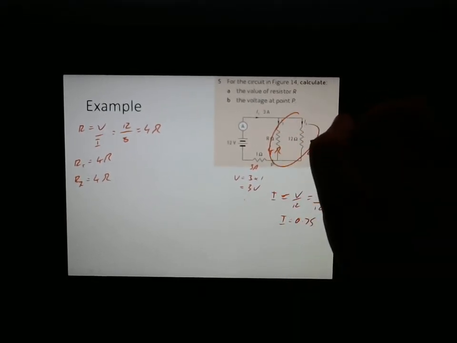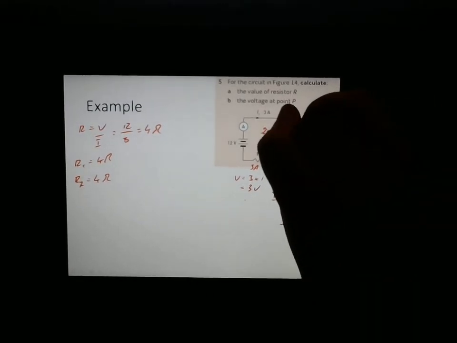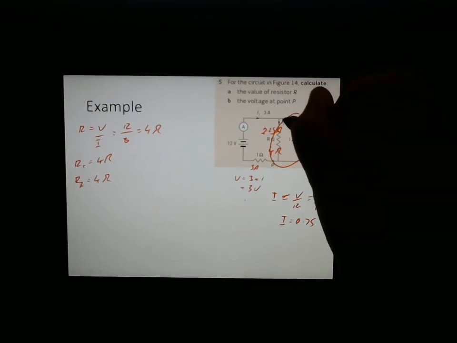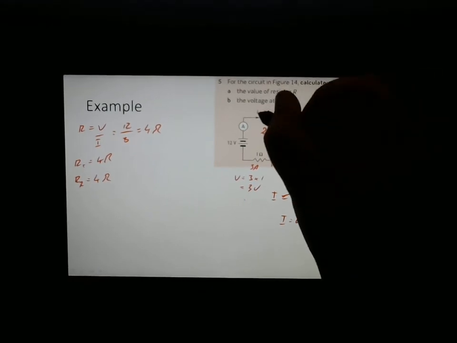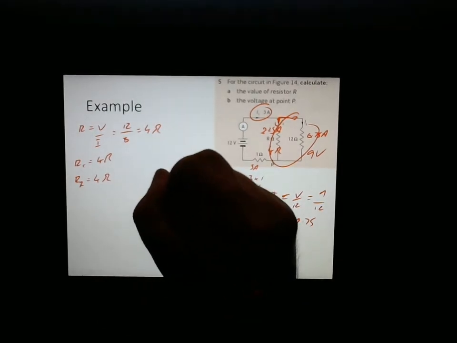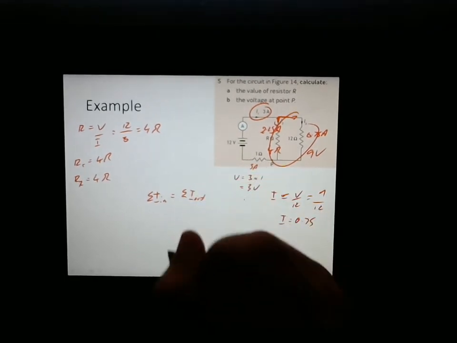That means this has 0.75 amps, so this means here must be 2.25 amps, and we know this because I2 and I3 both come from I1 here, and Kirchhoff's current law says the sum of them in must equal the sum of them out. So the sum in equals the sum out.